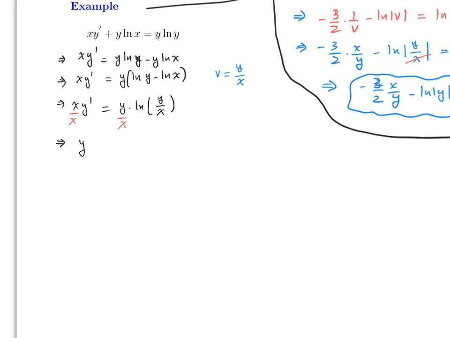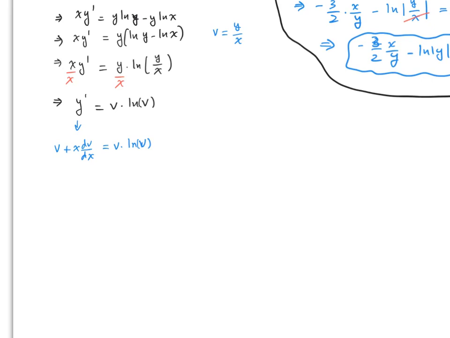So we're going to have y prime equal to v times ln of v. But remember that y prime is going to be, for these particular problems, always equal to v plus x dv/dx. And on the other side, you have a function that depends on v only. Remember that this is an equation that you can always separate.